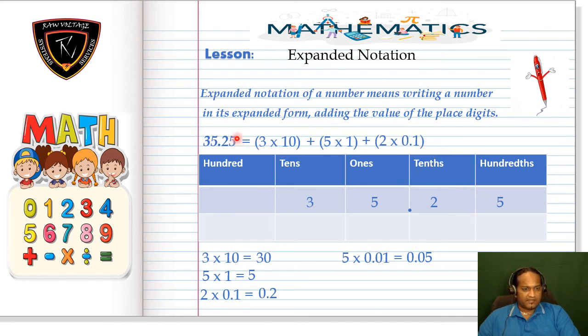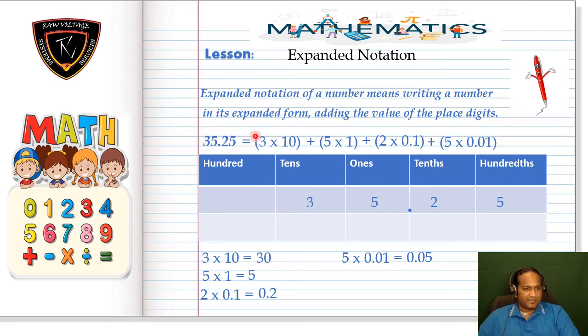This 5 is in the hundredths place, so it's plus 5 multiplied by 0.01. And this here is the expanded notation for this decimal number.